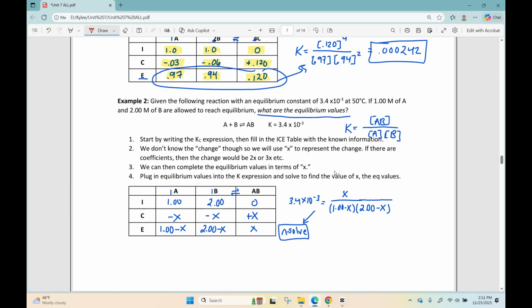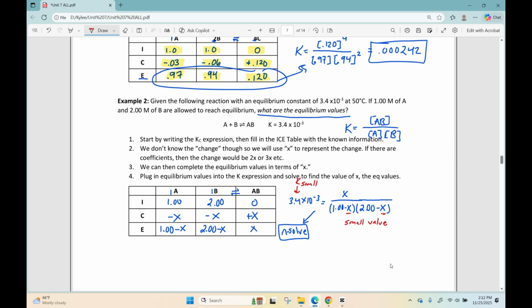Using the assumption-based calculation, we assume that because K is small, the reaction is not going to go very much to completion. And that means that x is likely going to be an extremely small value.